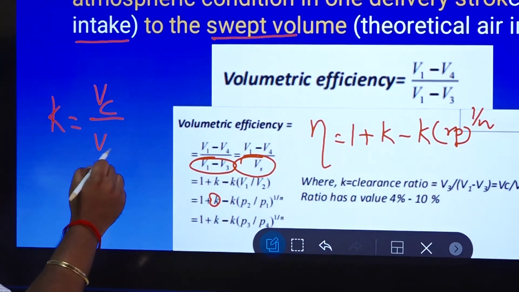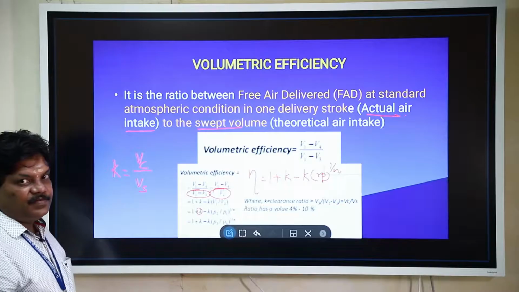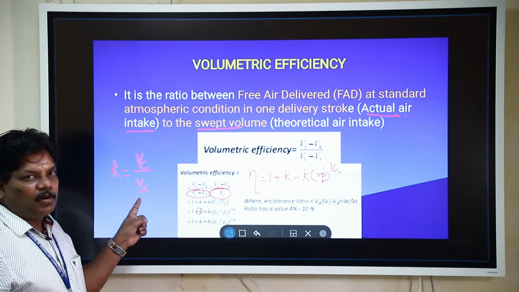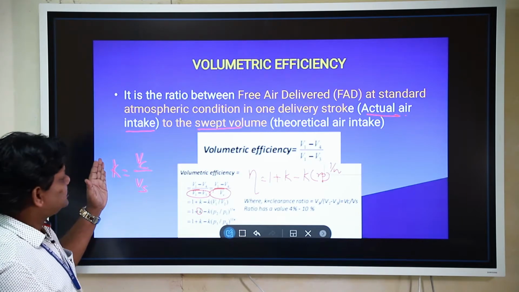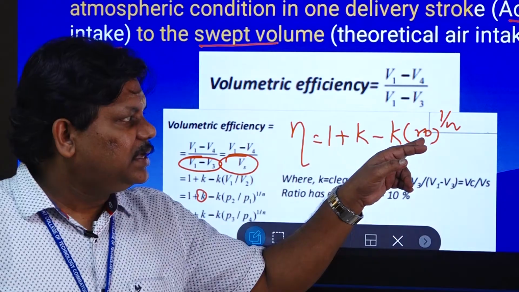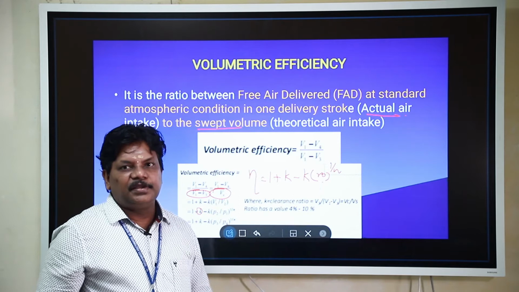K is equal to Vc divided by Vs, that is the ratio between clearance volume and swept volume. Sometimes you may get a problem where you have to find the value of this efficiency. You may get the pressure ratio, or the temperature will be given to you.